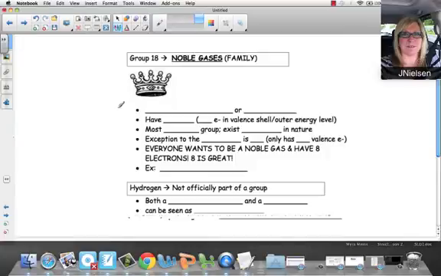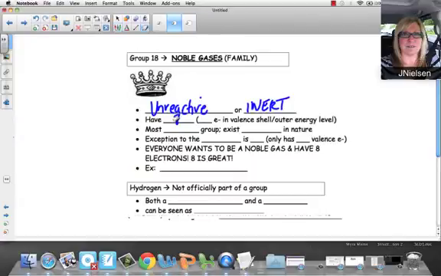And lastly, Group 18. Those are our noble gases, and they are the most unreactive, or what is called inert group.